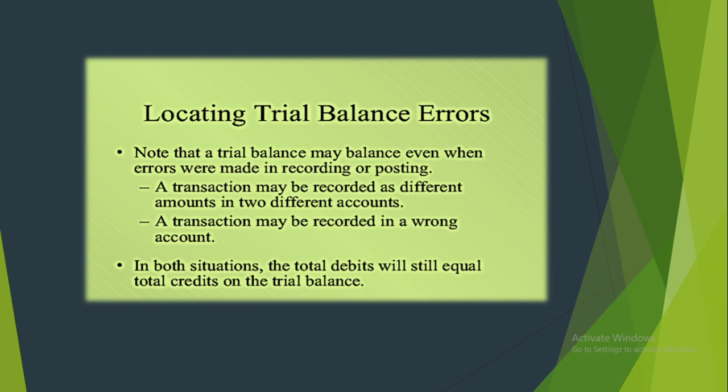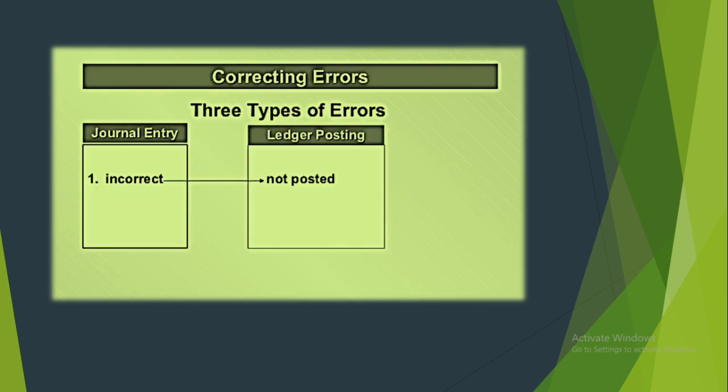Thereby, errors can be committed. In both situations, the total debits will still equal total credits on the trial balance. So how to correct the errors? There are three types of errors, and they are related to journal entry. As we know, after completion of journal entry, there is a turn of ledger posting.